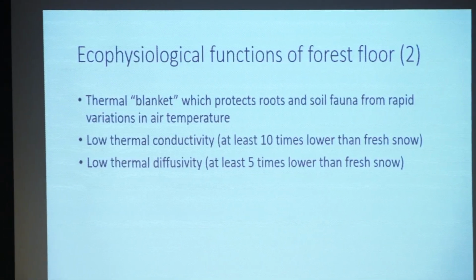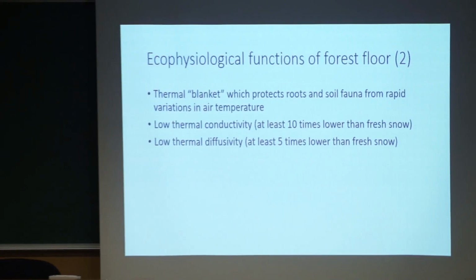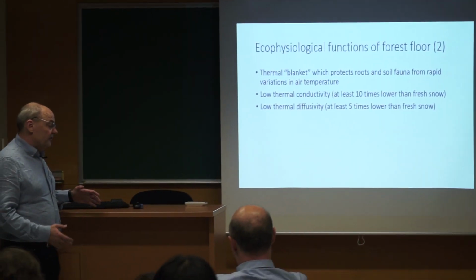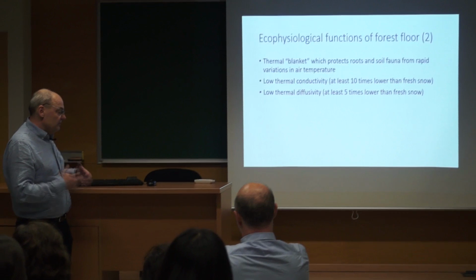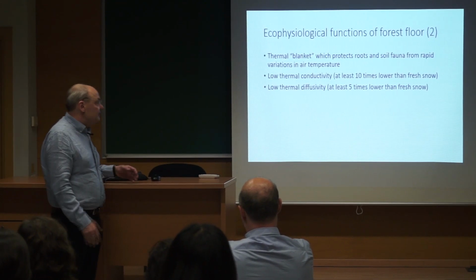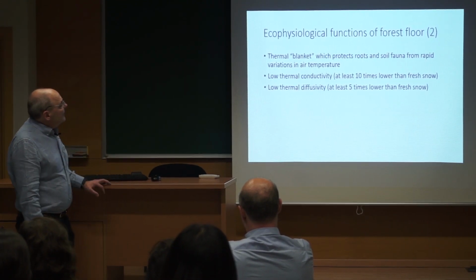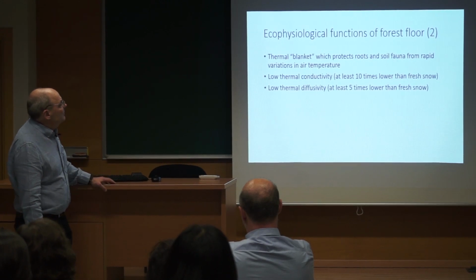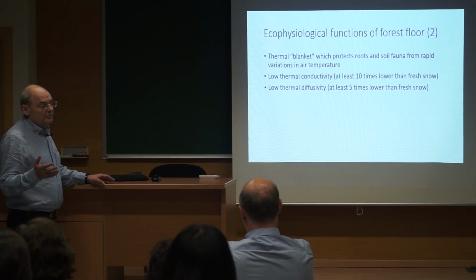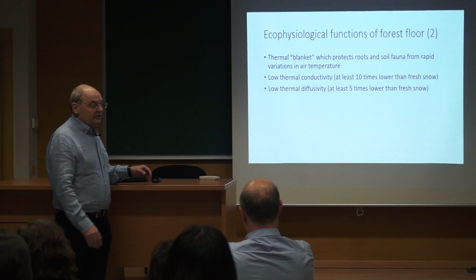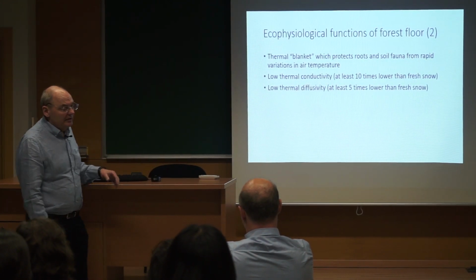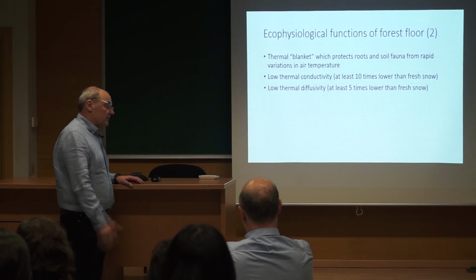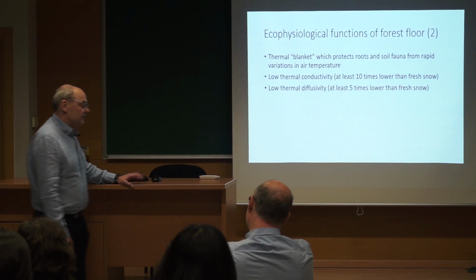Another importance of forest floor in ecophysiology of forest is what I would call a thermal blanket. It protects roots and soil fauna from rapid variations in air temperature, for example, freezing in spring won't penetrate deep into the soil, and early frost in the fall is the same story.